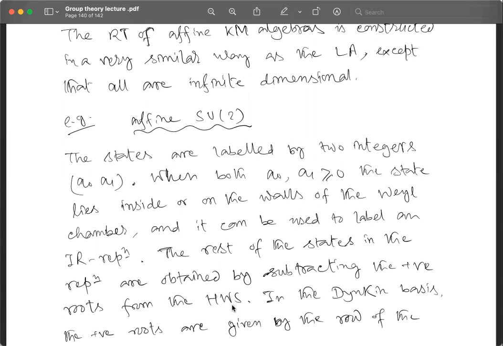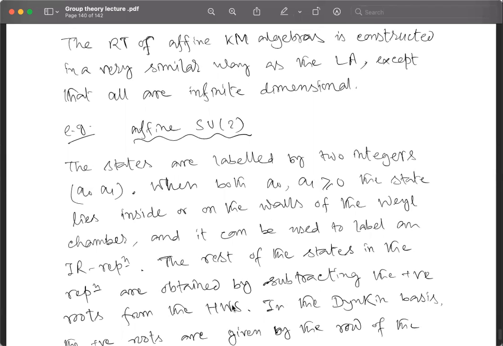If you remember, SU2 has one integer, the rank is 1, but affine SU2 has this extended Cartan matrix, so now the elements are just two integers, a0, a1. When both a0, a1 are greater than or equal to 0, the state lies inside or on the walls of the Weyl chamber, which we have also discussed earlier. And it can be used to label irreducible representations.